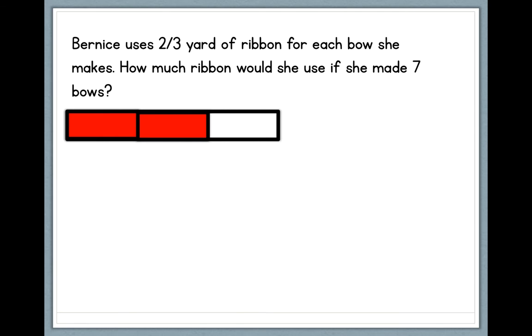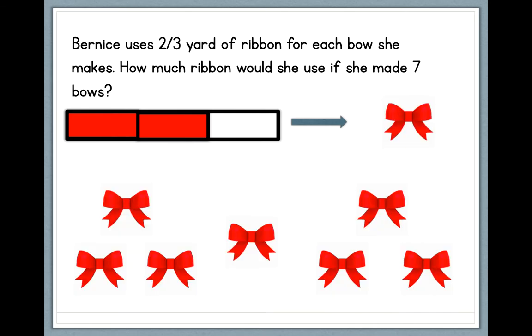So that means there's a third left. So for every 2/3, there's one bow. But she's making 7 bows. So for one ribbon, she can cut that into thirds, right? And use 2/3 of that for one bow.